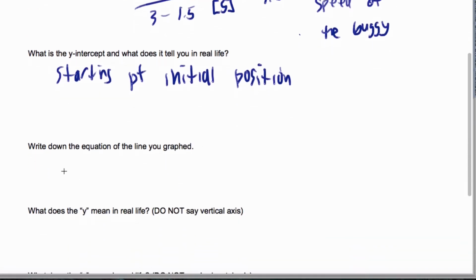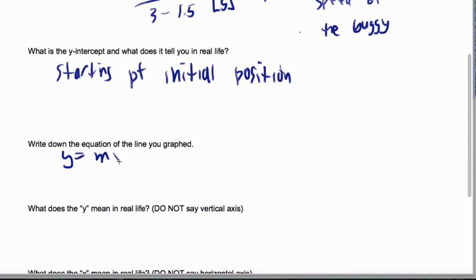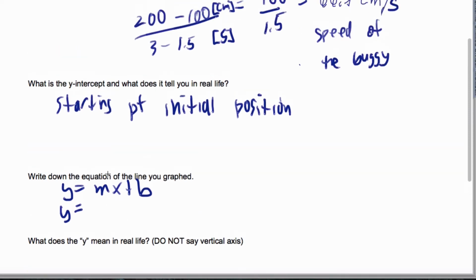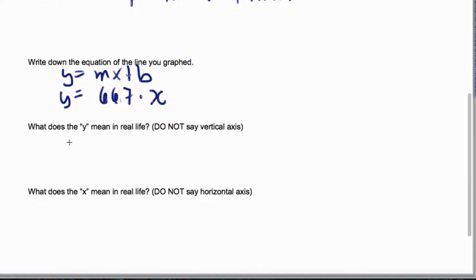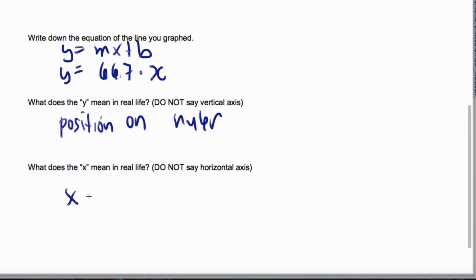Now the equation of the line is going to be y equals mx plus b. So y is going to stay as y. The slope is going to be 66.7 times x plus 0. Now what the y tells us in real life is the position on the ruler, and what the x tells us in real life is the time that has passed.